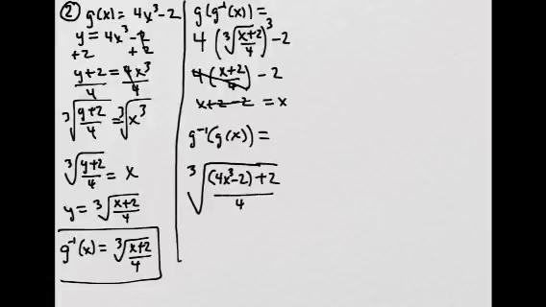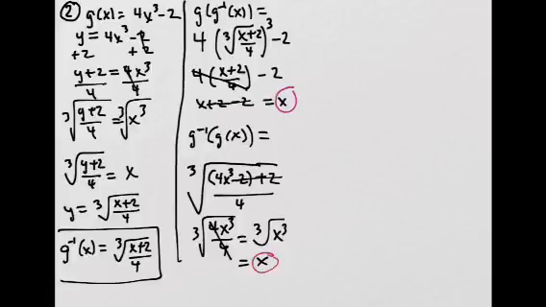Okay, so now the 2 minus 2 is 0. And so that leaves you with 4x cubed over 4. And the 4 over 4 cancels. So you're left with cube root of x cubed, which is x. And because both compositions gave you x, that means that my inverse is right.